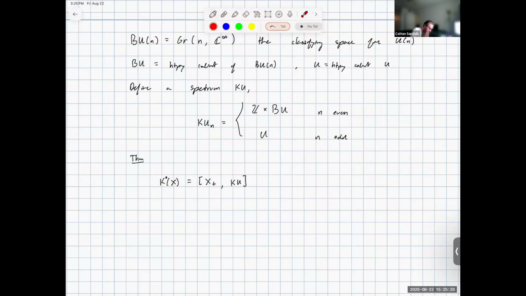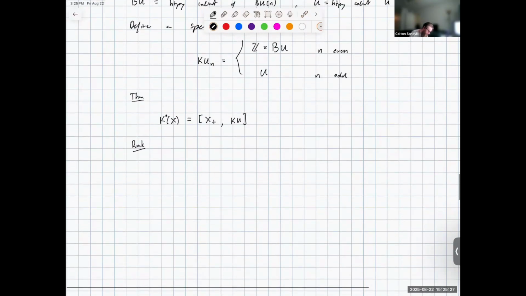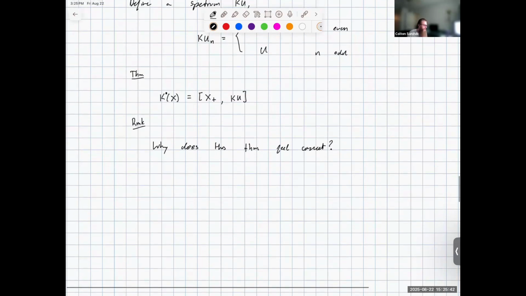So, one remark about why this theorem feels correct. I'm not going to prove it, so I'm just going to give some vague explanation. What does it mean to be a classifying stack in this sense, or classifying space?